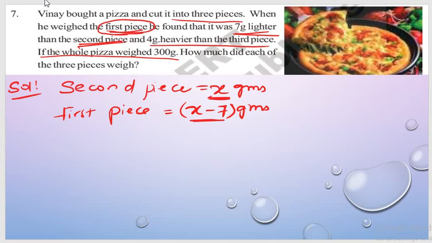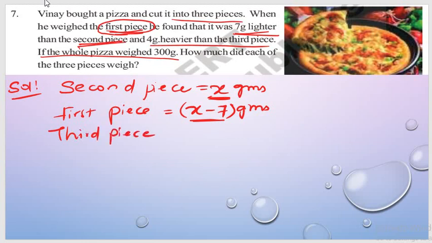Next, the first piece is 4 grams heavier than the third piece. If you read it in reverse, the third piece is 4 grams lighter than the first piece, no? Understood?